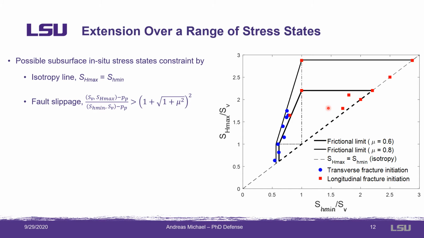These indicate, respectively, transverse and longitudinal fracture initiation using the true three-dimensional numerical model for a specific wellbore pressure, which is 0.6 psi per foot. Because the blue region is clearly the minority, I made sure that its borders are clearly presented. Anything outside that can be assumed to be red.